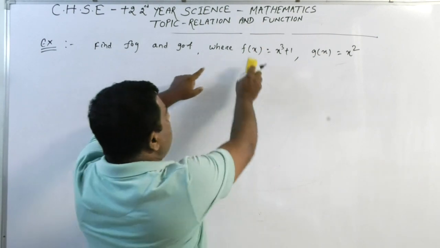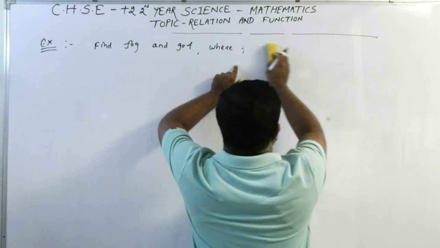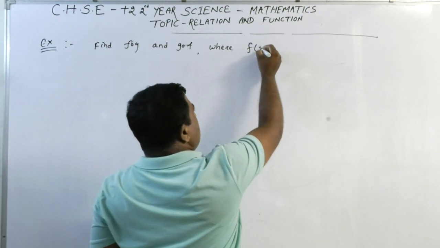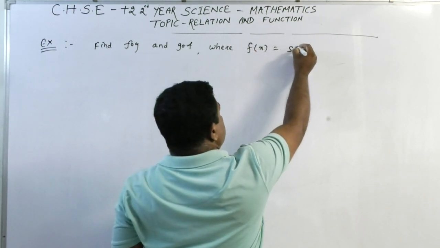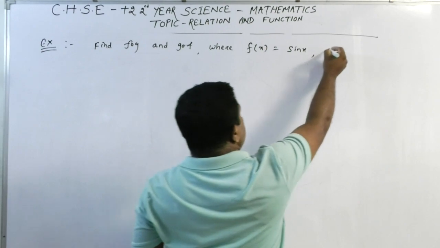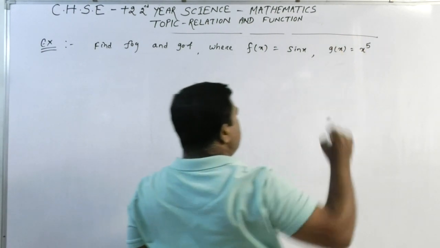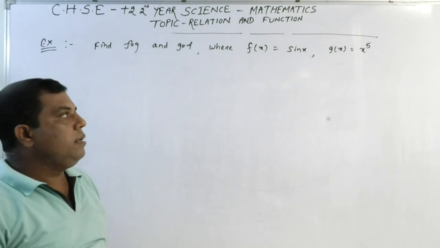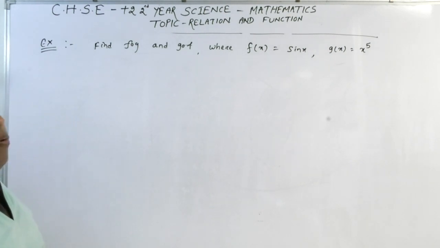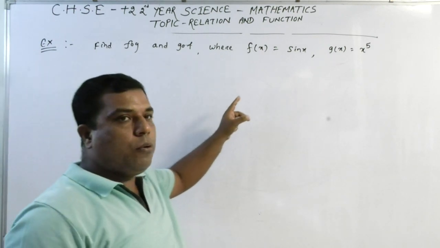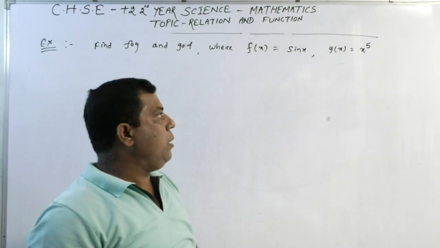Find gof, where we are changing the functions, where f of x equals sin x, and g of x equals x fifth. Suppose in this way the functions are mentioned and we have to find their functional values.